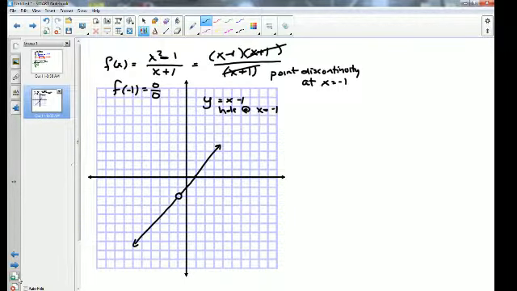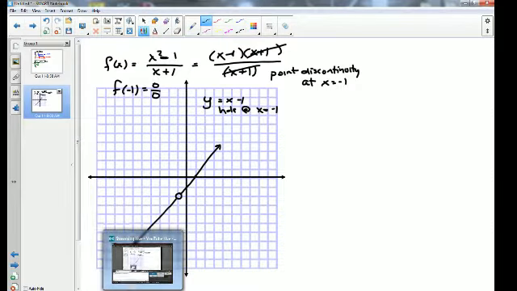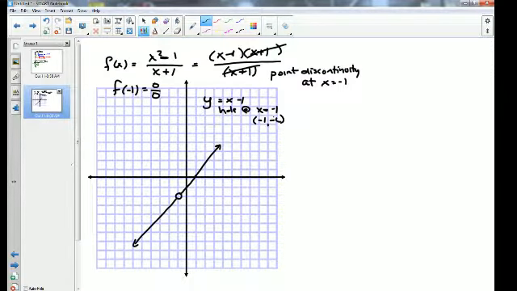Why is it what? The x is -1. What's -1 minus 1? -2, right? So graph that line, and wherever x is -1, there's a hole right there.